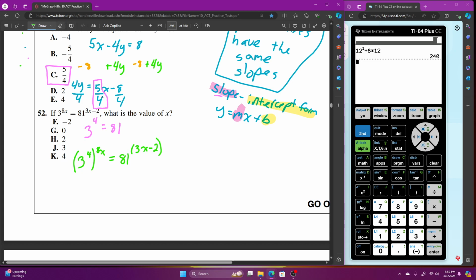I don't want to put that there. My bad. Let me come back. 3 to the power of 8x equals 81 to the power of 3x minus 2. I'm going to take out my 81, my bad, right here. Let me make it pink so I can see. And change that to 3 to the power of 4 raised to 3x minus 2.